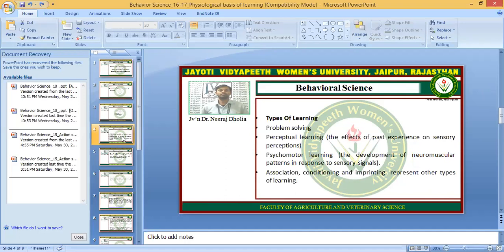Likewise there are other types of learning also, like association, conditioning, imprinting. Imprinting, conditioning and association we have already discussed in previous lectures. So these are the various types of learning.